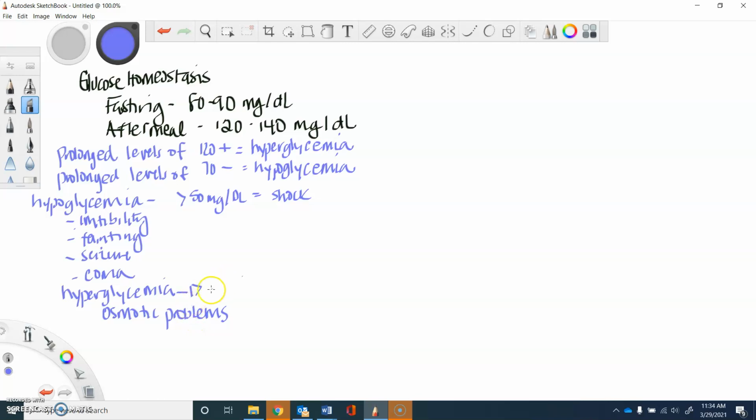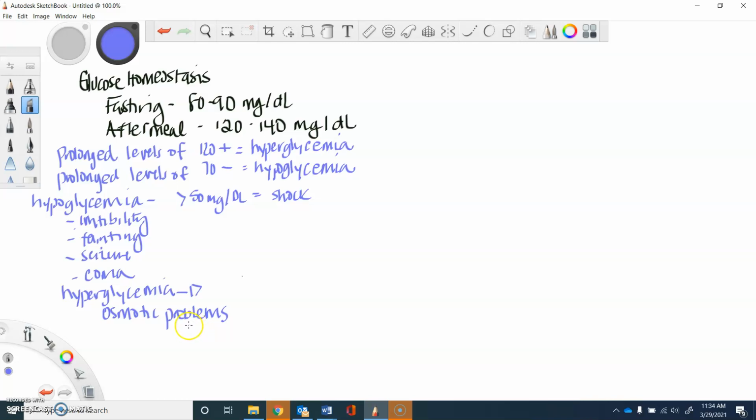When there's too much glucose in the blood and the blood's being filtered, there's a point where the kidneys can't reabsorb it anymore. There's not enough transporters to get that glucose back into the blood. So at that point, it spills over into the urine and is excreted.